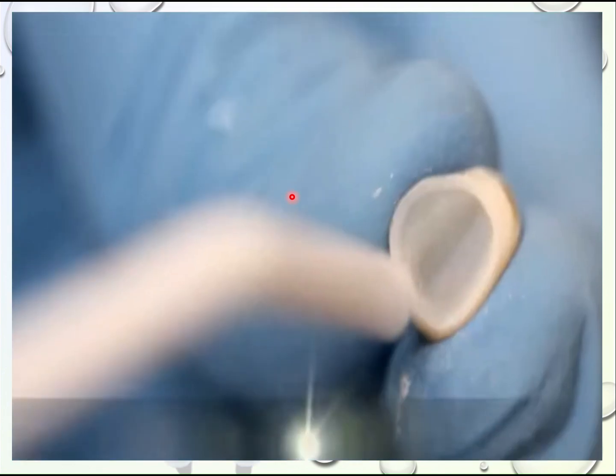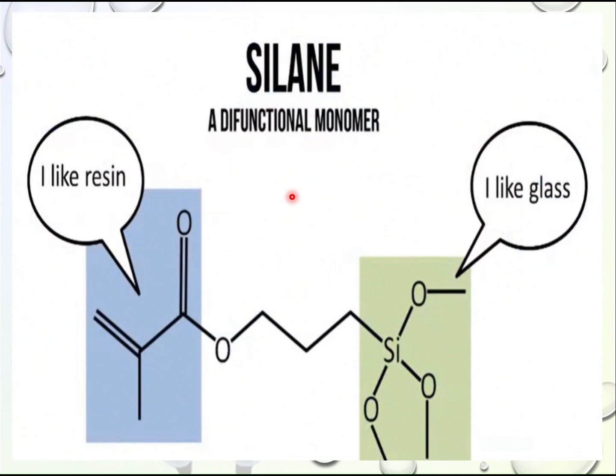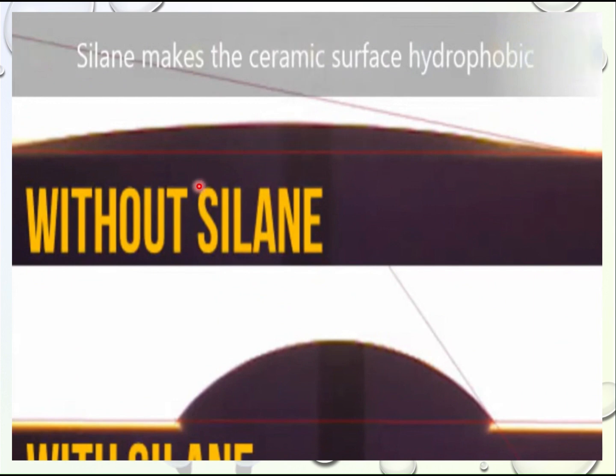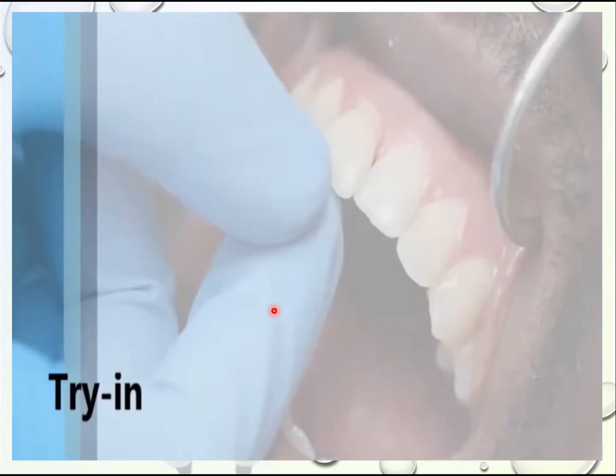After hydrofluoric acid, we apply the silane coupling agent and again air dry it. After applying the silane, the contact angle is more.